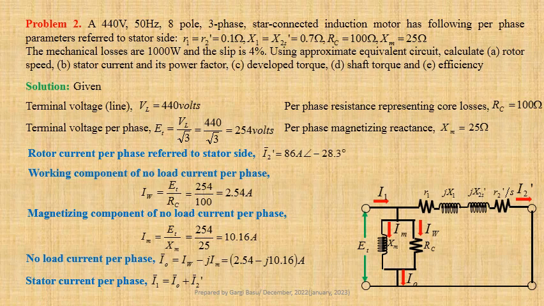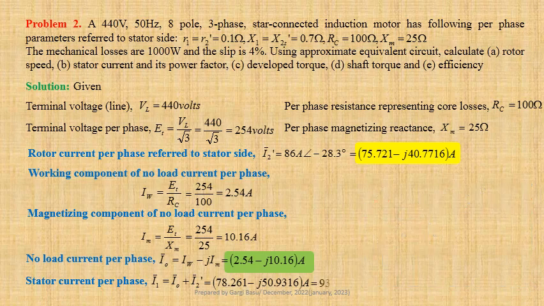This may be written in Cartesian form as 75.721 minus j times 40.7716 ampere. Using values we get I1 equals 78.261 minus j times 50.9316 ampere. This may be written in polar form as 93.3746 ampere at an angle minus 33 degree.